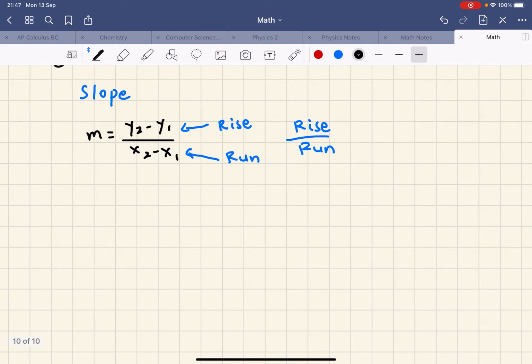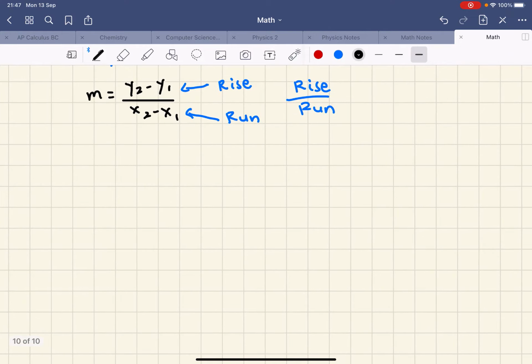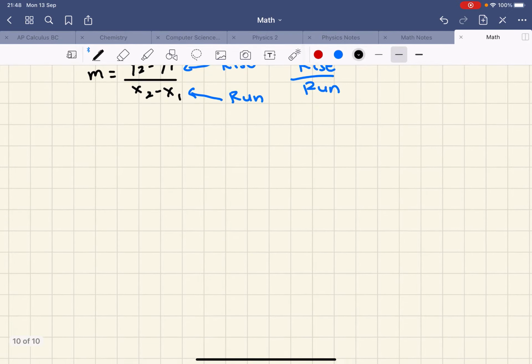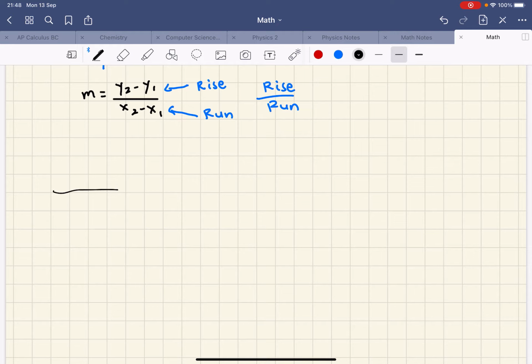So let's do some practice questions. First, let's look at something called slope from a graph. I'm going to draw some graphs, and you can tell me what the slope of the graph is.